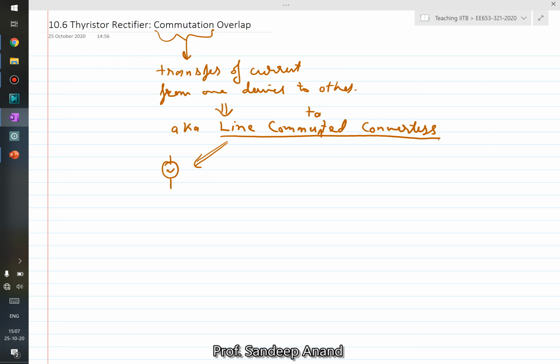Right. So now the process of commutation, what we have seen till now, for example, let's take the case of full bridge, fully controlled single phase SCR based rectifier, right? Let's take that case. If you see, this was the circuit.